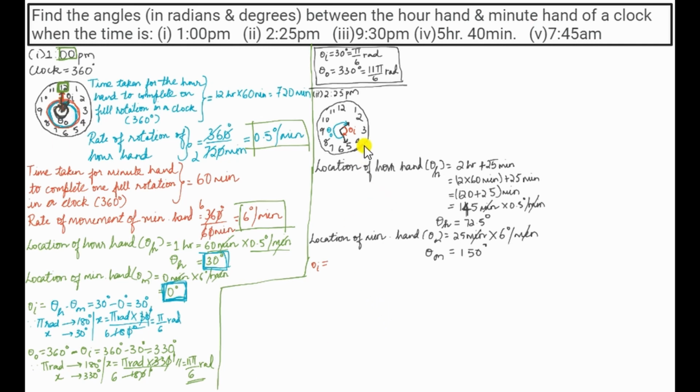In the second question, the minute hand has moved farther than the hour hand. So therefore we will be subtracting theta h from theta m. Theta m minus theta h is equal to 150 degrees minus 72.5 degrees, which is equal to 77.5 degrees.